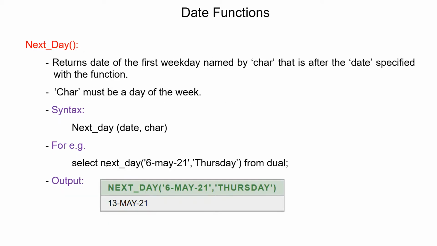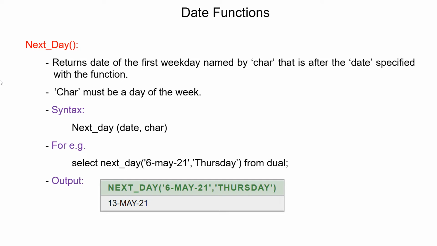And the last date function is next_day. It returns the date of the first weekday named by char that is after the date specified with the function. And char must be a day of the week. See the syntax: next_day(date, char).